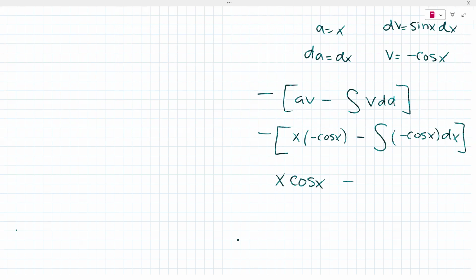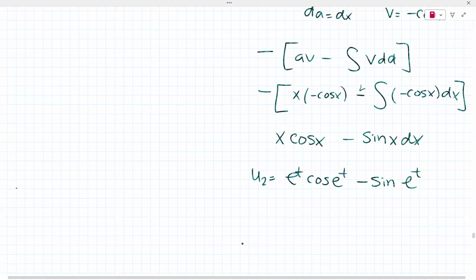Oh wait, this becomes a positive, and then you have an extra minus, so that's going to be negative sine of x dx. So my u2 is going to be e^t cosine of e^t minus sine of e^t. Okay, let me box it.